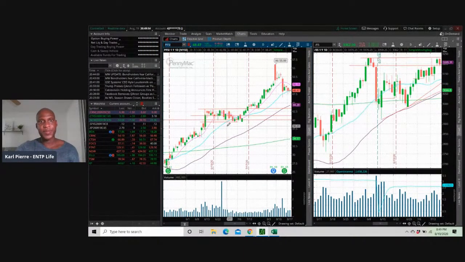And another thing that happens is when resistance gets broken, it often becomes support when it's retested. So you see this stock got above $43, traded a little bit above it, but when it pulled back, it held this level and took off ever since.